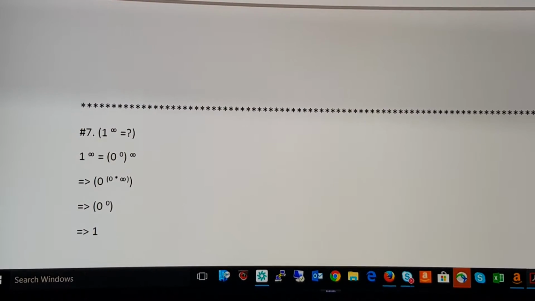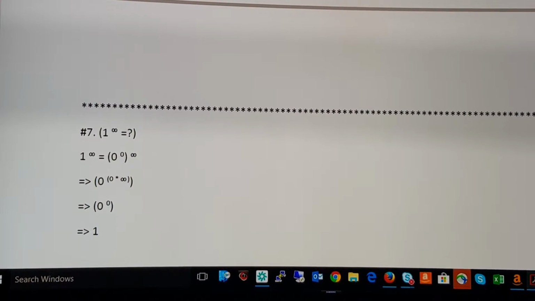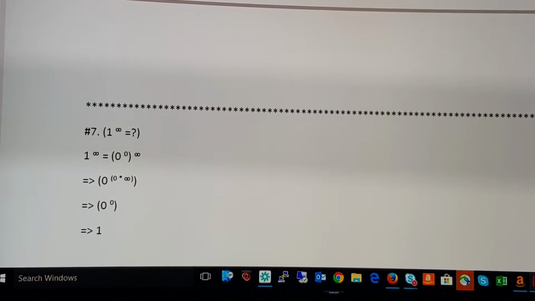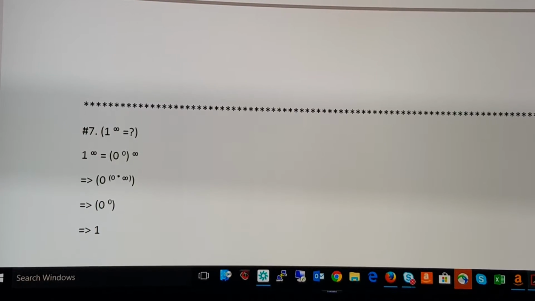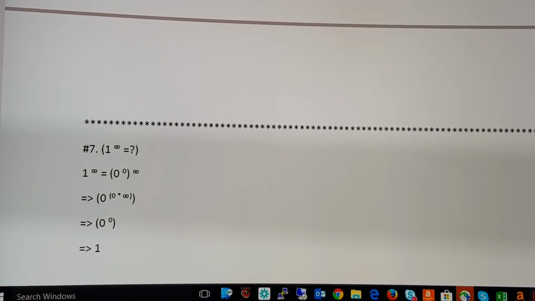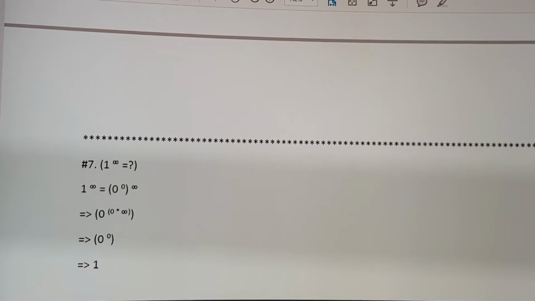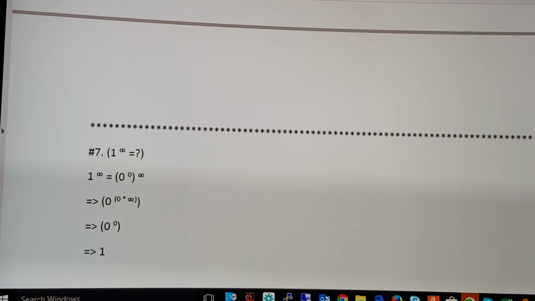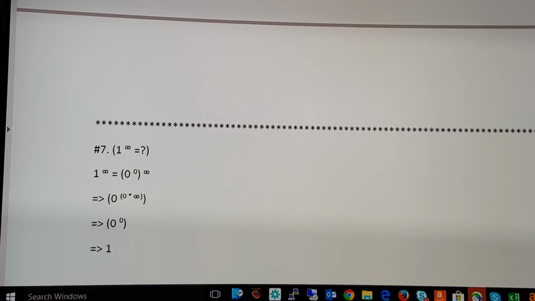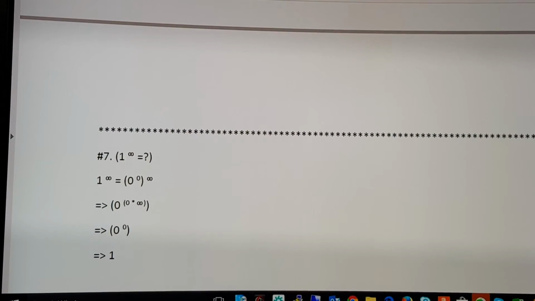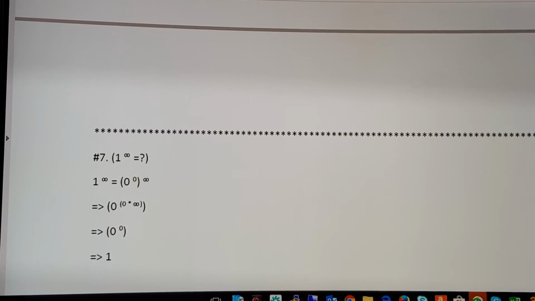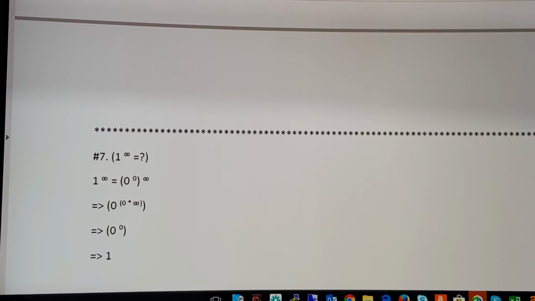So by applying the simple formula a to the power of a, whole to the power of b, is equal to a to the power of a into b, we are applying the same logic here, and it becomes 0 to the power of 0 into infinity in the power. We have already proven 0 into infinity as 0 in the previous evaluation. So this becomes 0 to the power of 0, which is equal to 1. So that means 1 to the power of infinity is equal to 1.